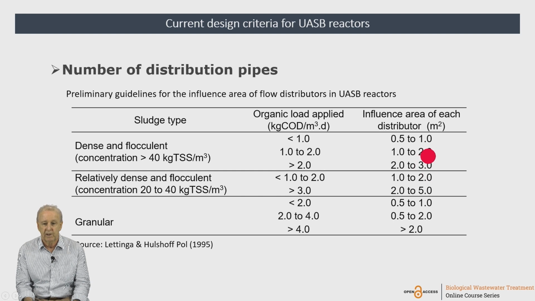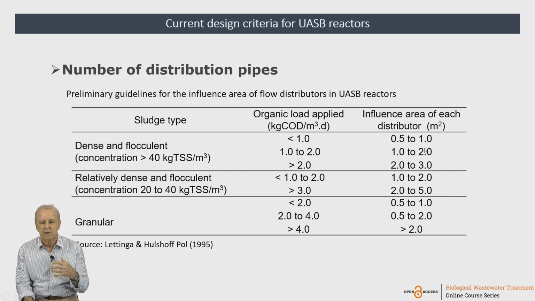And here, for the same area, if you had, let's say, 2 square meters per distribution pipe, 100 square meters divided by 2, in this case we would need 50 distribution pipes. It means 50 distribution pipes here against 20 distribution pipes here.